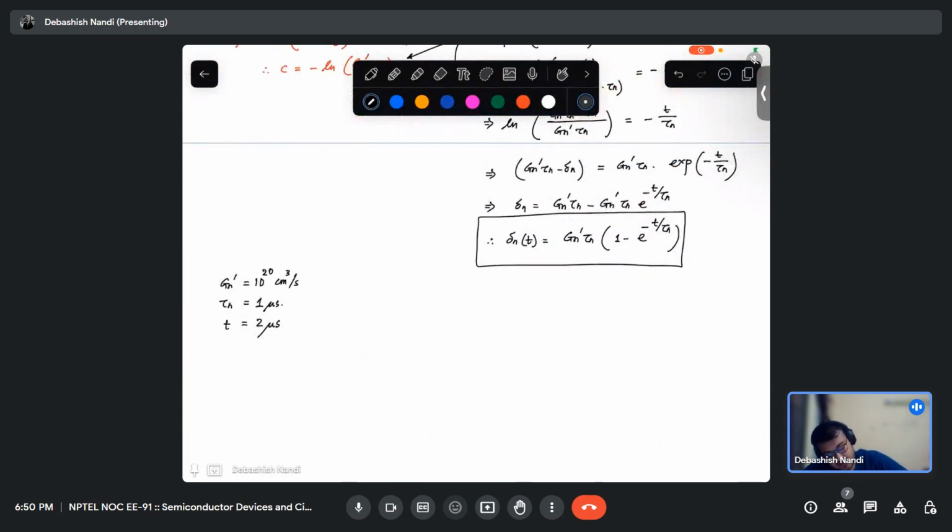So delta n at 2 microsecond is 10 raised to 20 into 1 into 10 raised to minus 6, times (1 minus e raised to minus 2). If you compute this, the value comes out to be around 8.65 into 10 raised to 13 per centimeter cube.